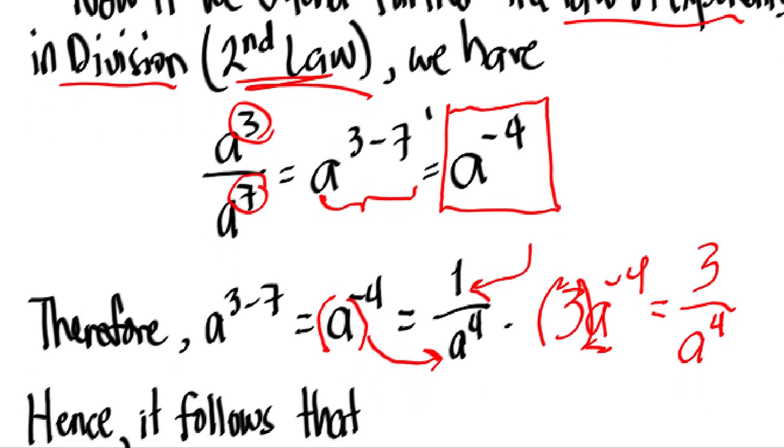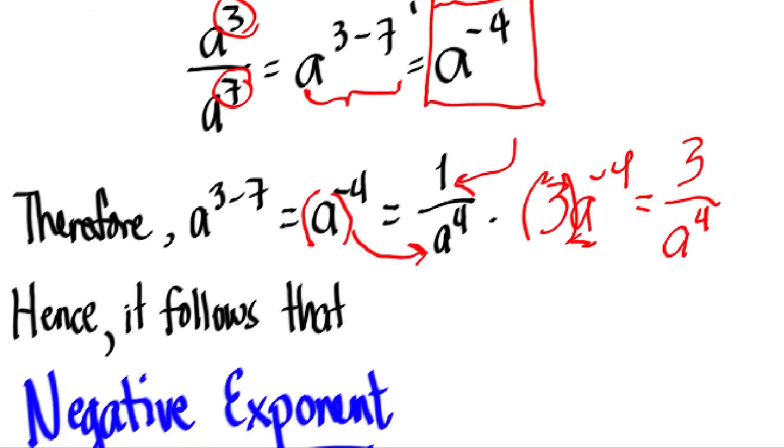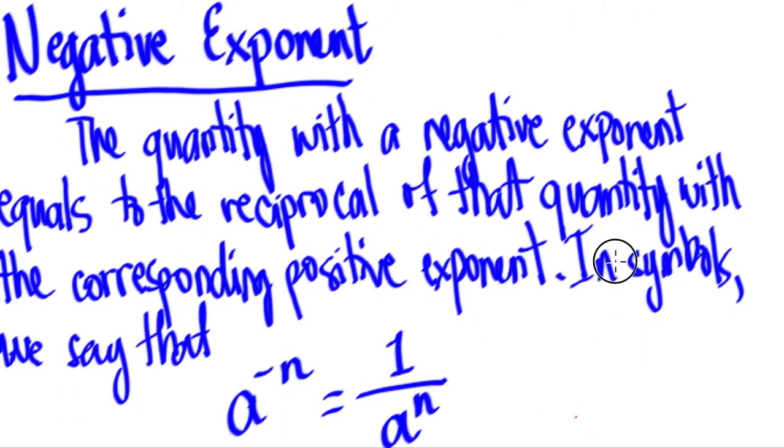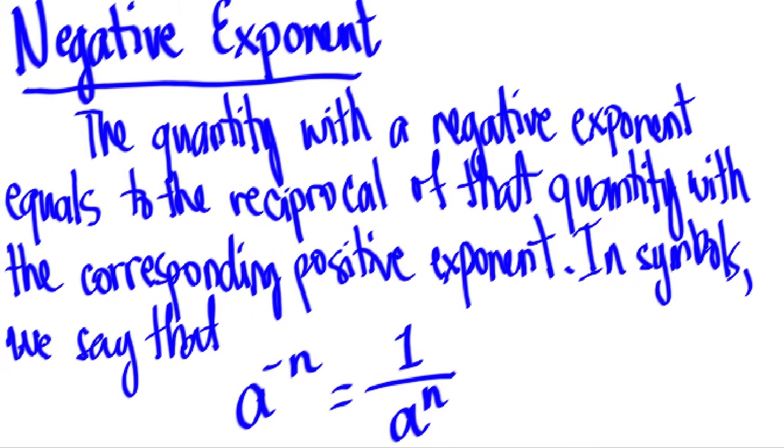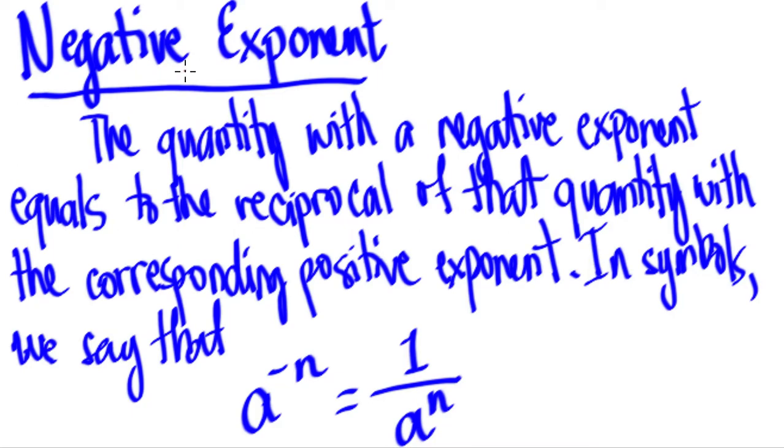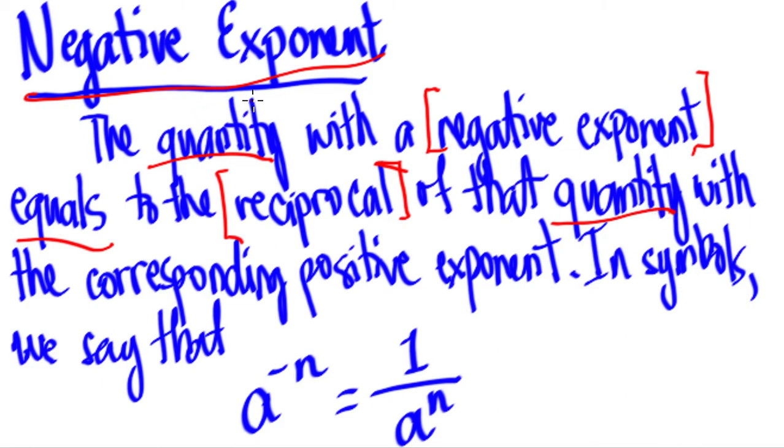Hence it follows from this scenario that we can generalize it by one property telling us about negative exponents. So what does this property say? The negative exponent property says that any quantity with a negative exponent equals the reciprocal of that quantity with the corresponding positive exponent.